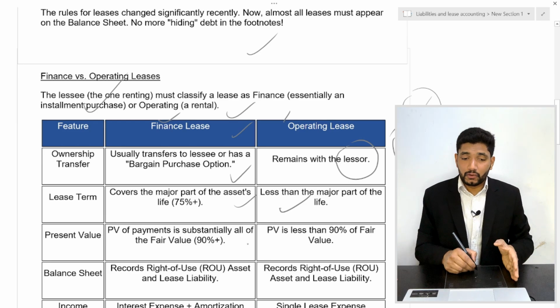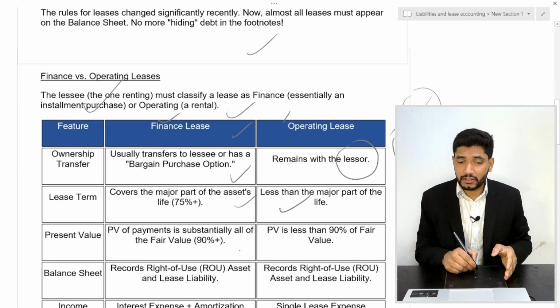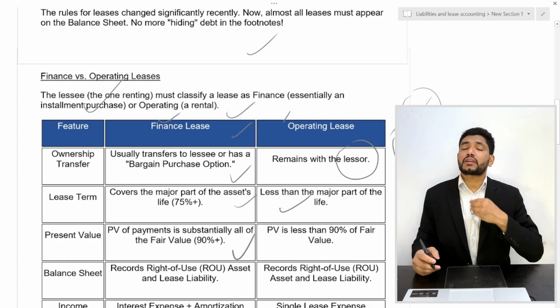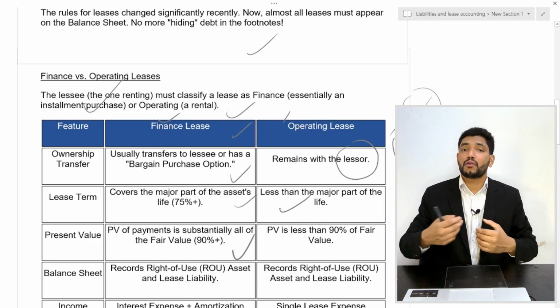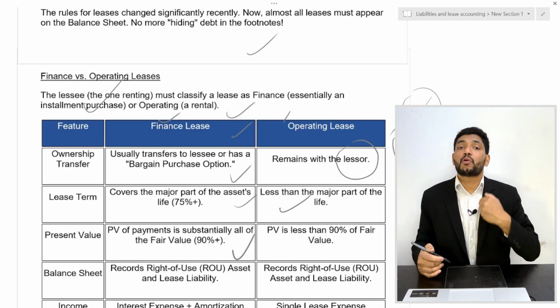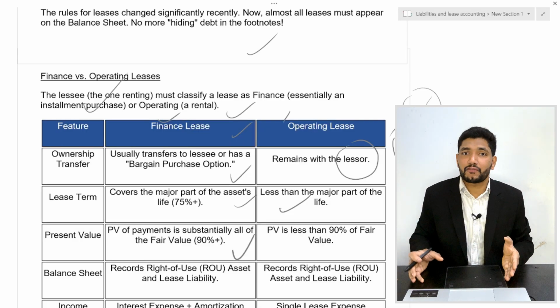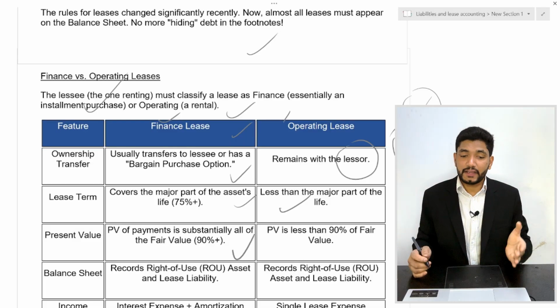Then the present value. Present value of payment is substantially all of the fair value, 90% plus. Suppose you are calculating the present value of all your lease payments, and it is more than 90% of the asset fair value, then it is a finance lease.